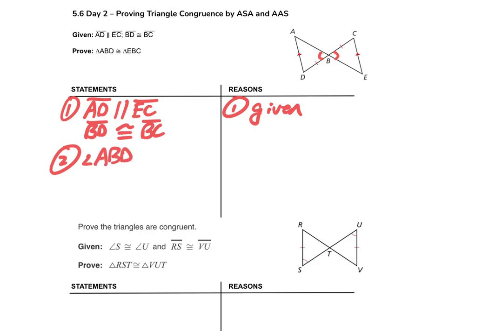B has to be in the middle. Is congruent to EBC. And we said that vertical angles are always congruent. Okay, how many pieces right now are congruent?